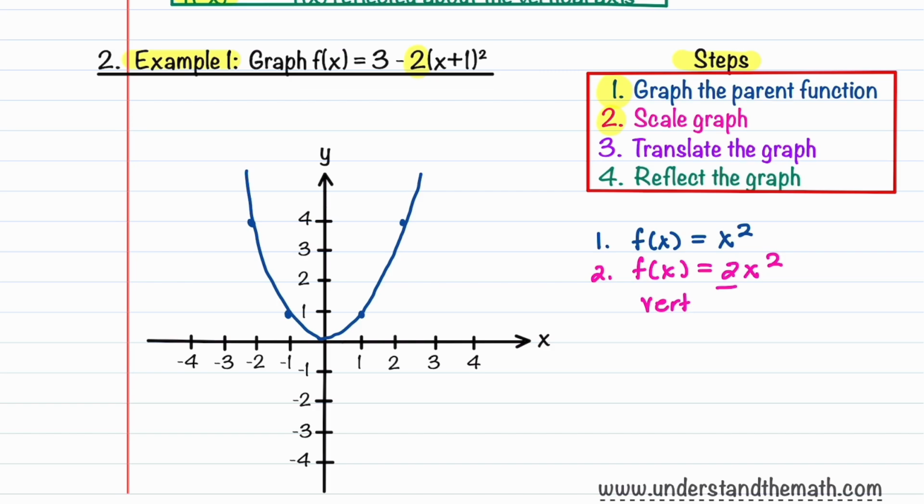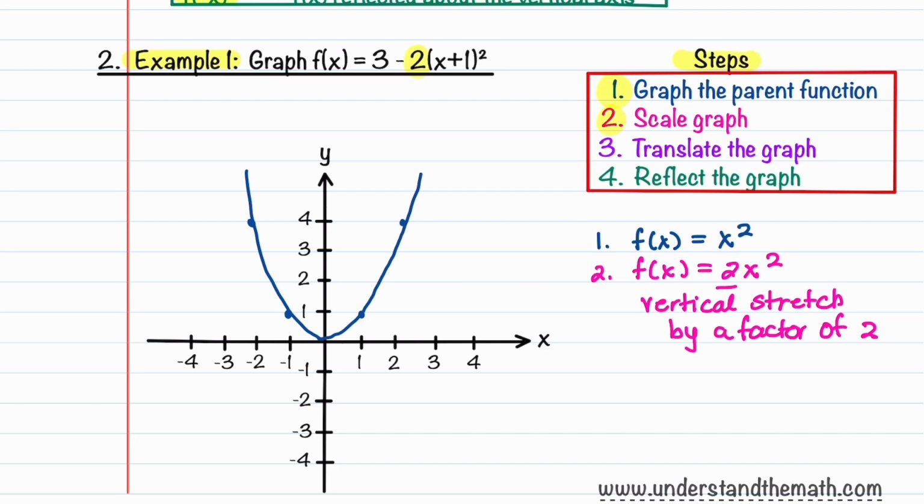We have a vertical stretch by a factor of 2. Let's see how to graph this. Our original function x squared went through the point (1, 1). Now we're going to stretch that vertically.